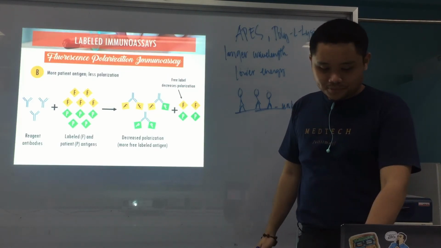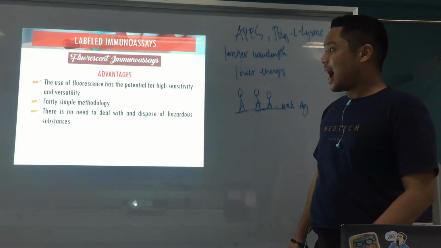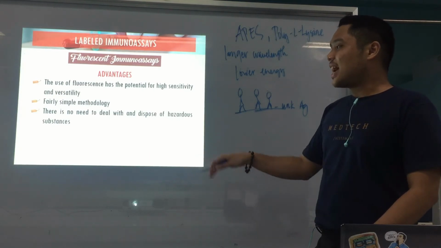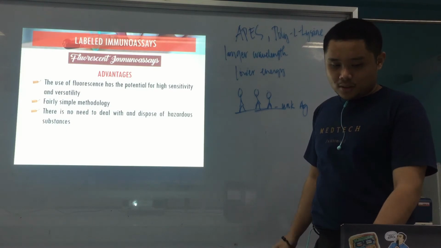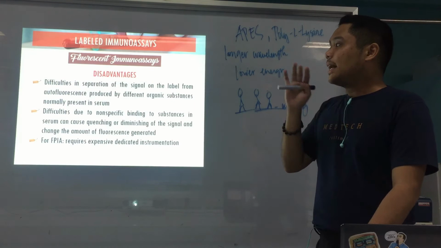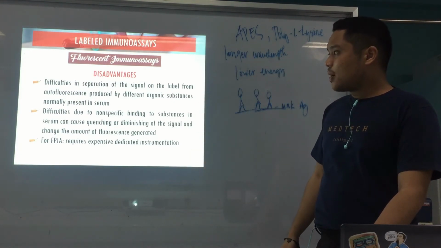Now for the advantages of fluorescence: high sensitivity and versatility. Simple methodology, and no need to deal with hazardous substances or dispose of harmful substances. The disadvantage is that you need to separate the signal of the label from autofluorescence.